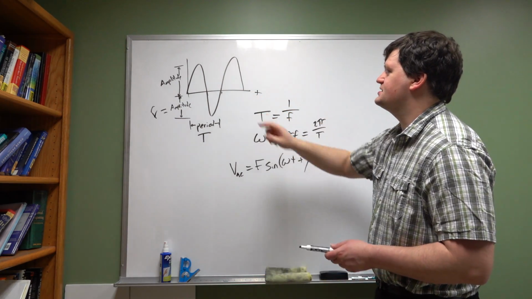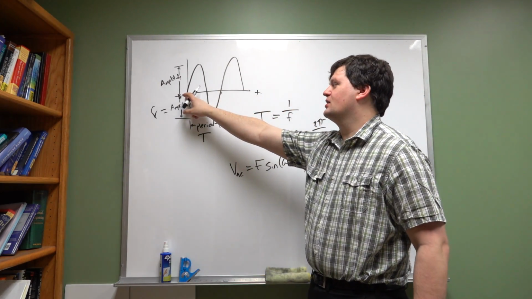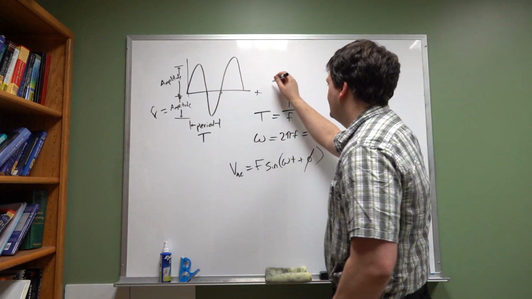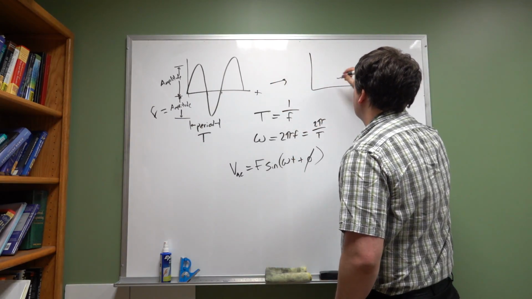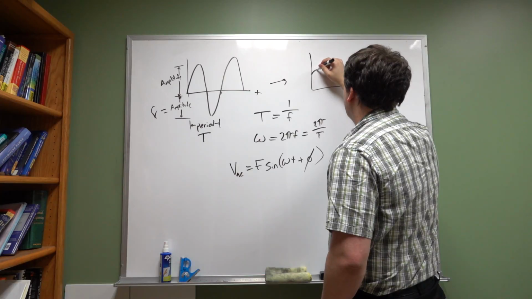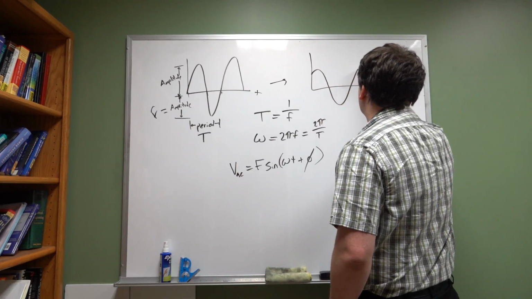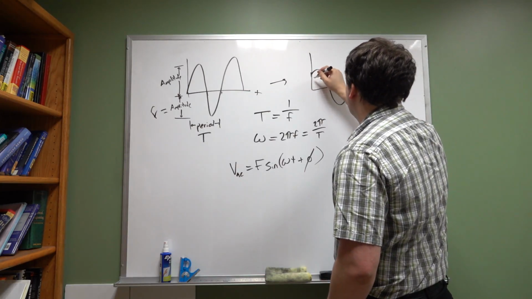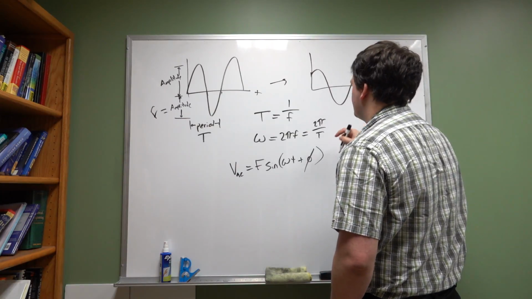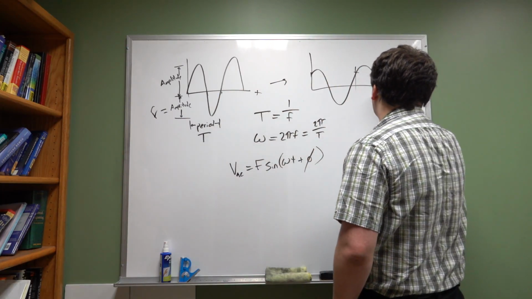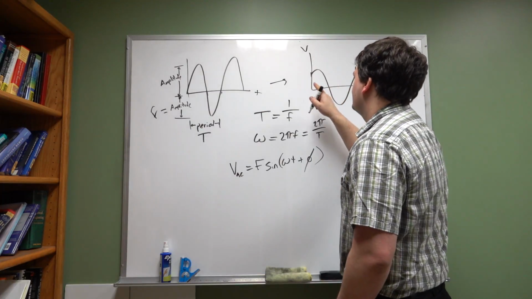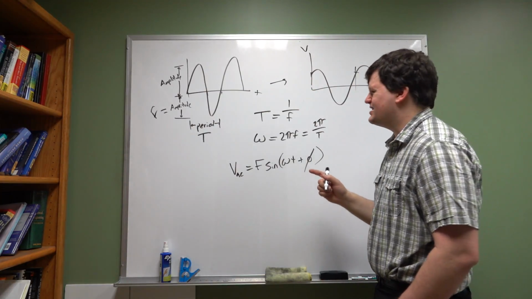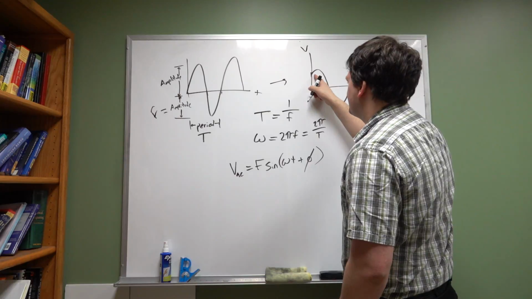Well, imagine instead of this, where the sinusoid begins at 0, we had a sinusoid that began like this. Here the period is the same. We still have the same distance on the time scale between where it starts and where it stops, but it starts at a different voltage.